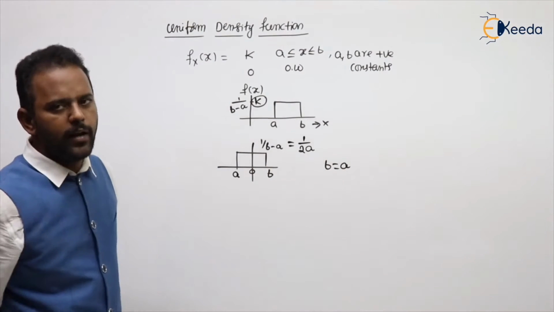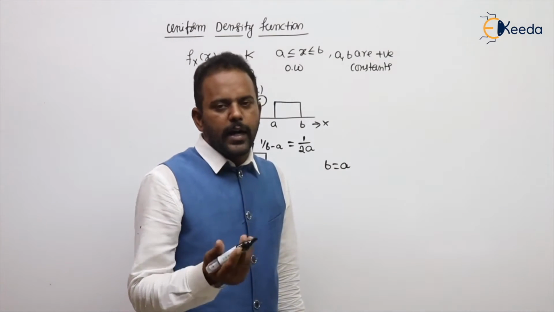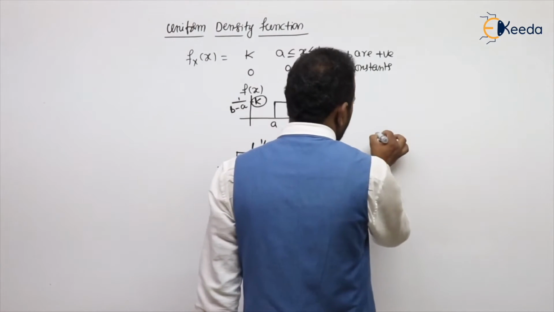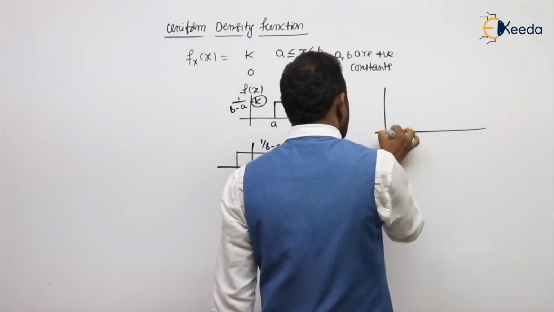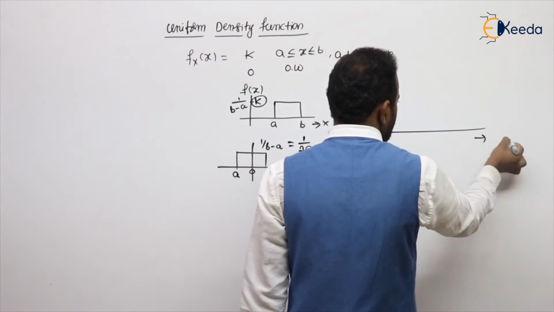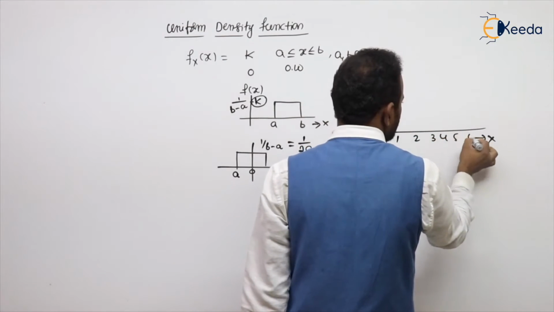Understand? For example, previously we did one problem on the experiment of throwing a dice. In the dice problem, how we got the PDF versus x values 1, 2, 3, 4, 5, 6?